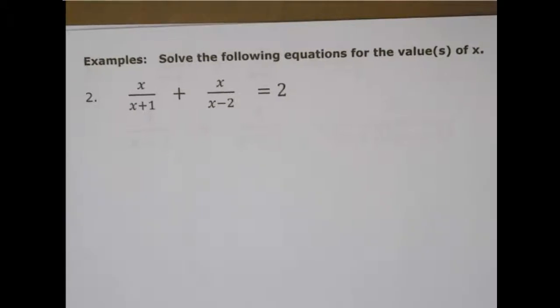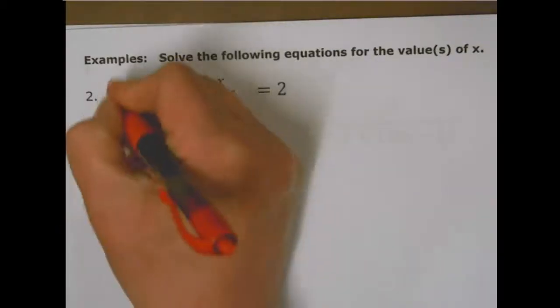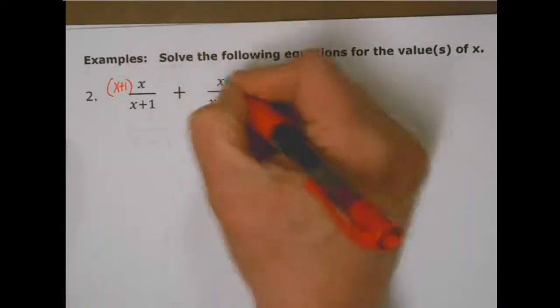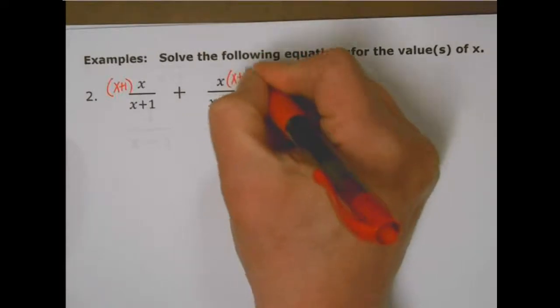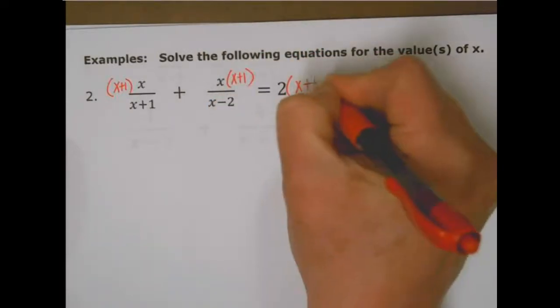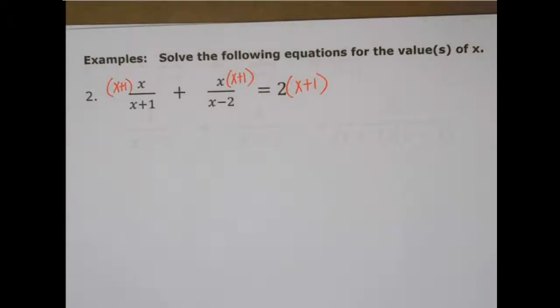Then I need to cancel the denominators. So I'm going to multiply x plus 1 by every single term. If I have 3 terms, I'm going to multiply x plus 1 3 times.